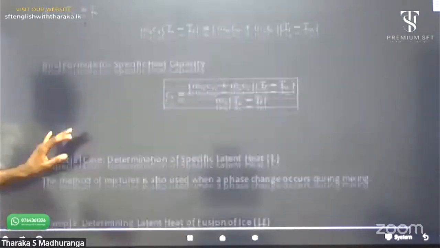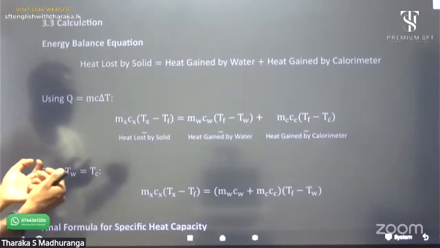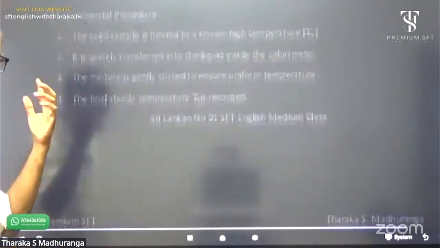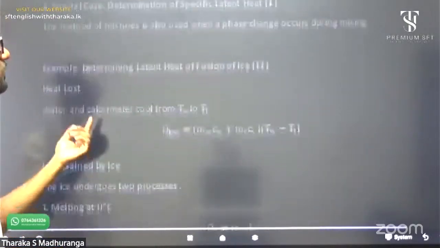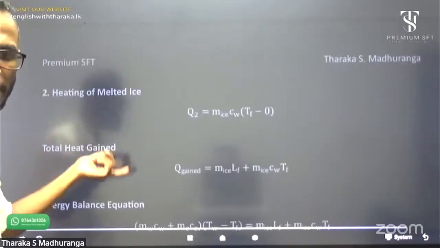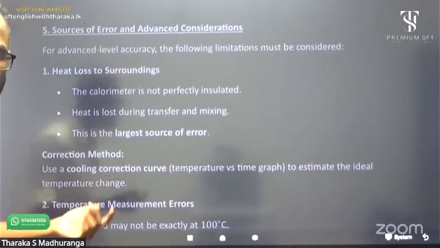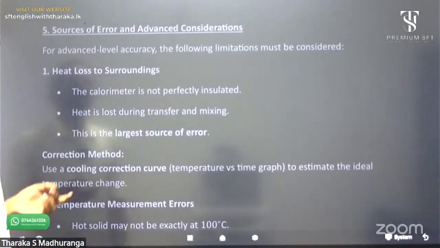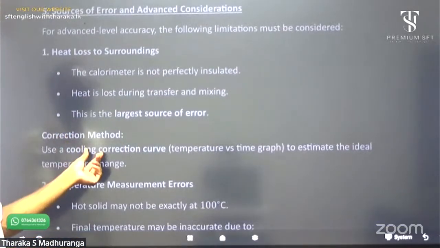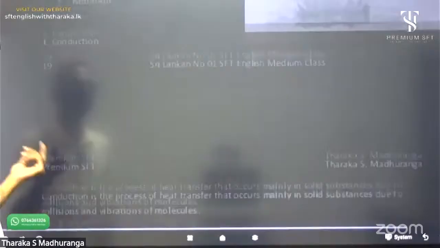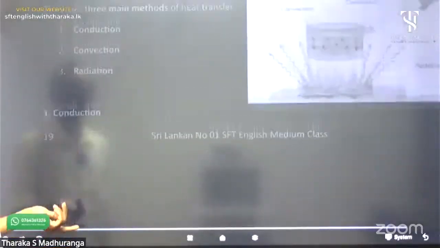Okay, this experimental setup we can discuss in the practical class. Don't think about that. If you can understand only the mixed method calculation, that is enough. Don't think about these expressions. You can read these additional things. That's thermal transformation, our next lesson.